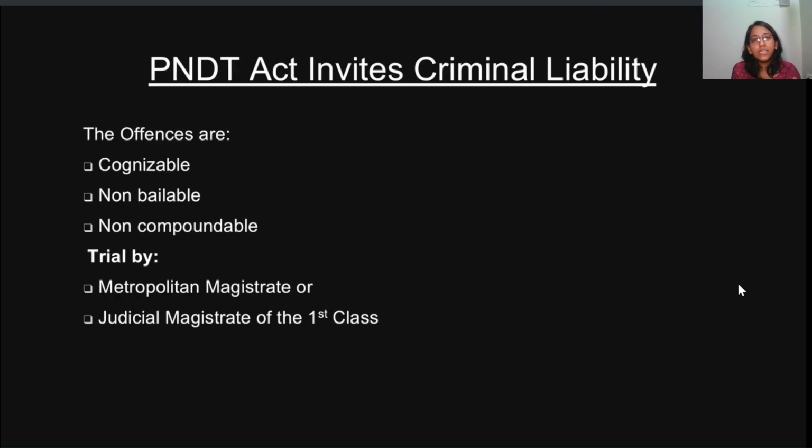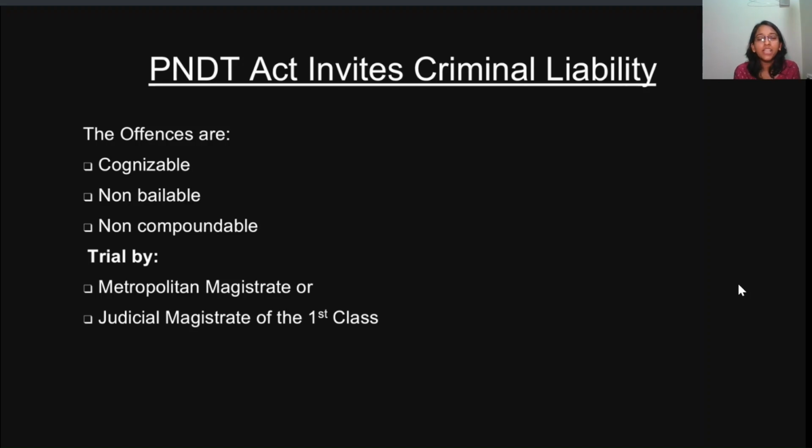Coming to what are the criminal offenses under the PNDT Act. Whenever sex determination is done, it comes under the PNDT Act, and the offenses are cognizable, non-bailable and non-compoundable. That means you need not have a formal written complaint, that is, you need not have somebody coming in complaining or filing an FIR.